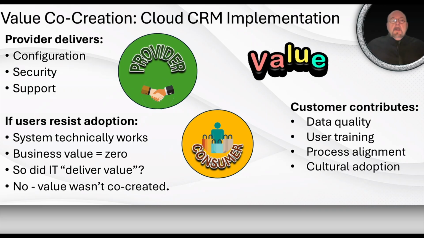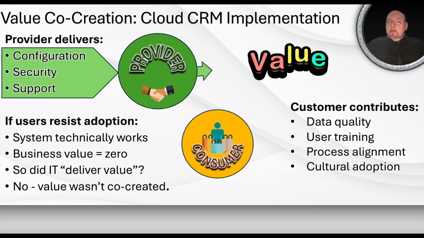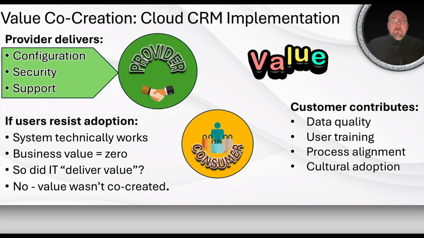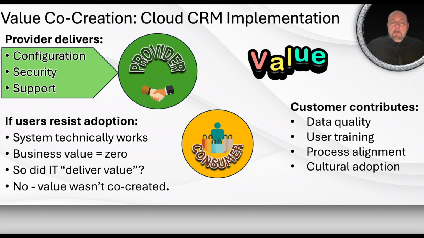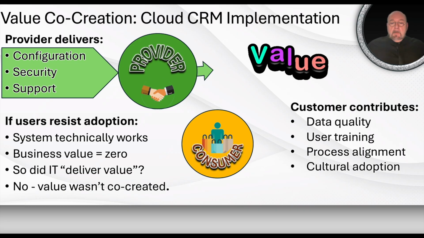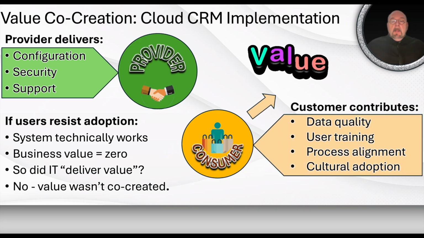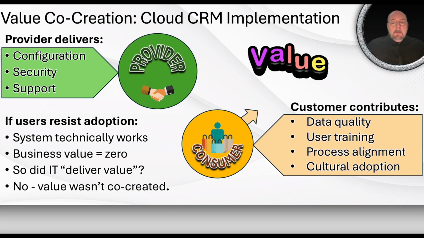Of course, likewise, the provider has a job to do as well. They configure the original environment. They provide security and support. So they're contributing to value that way. And the consumer, as we said, is providing quality data, training, process alignment, cultural adoption.